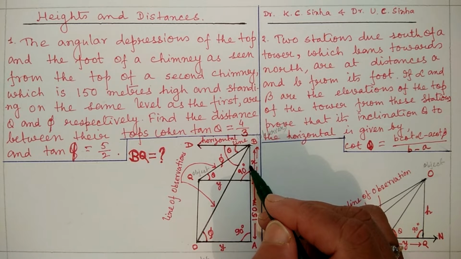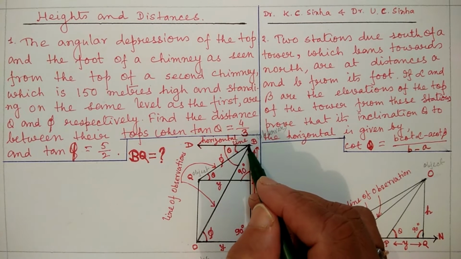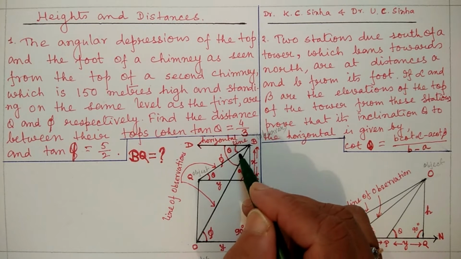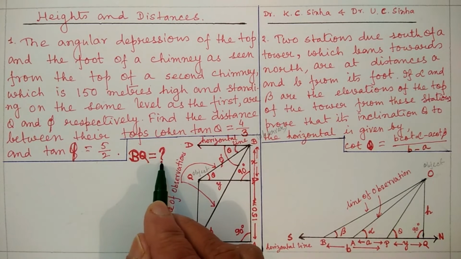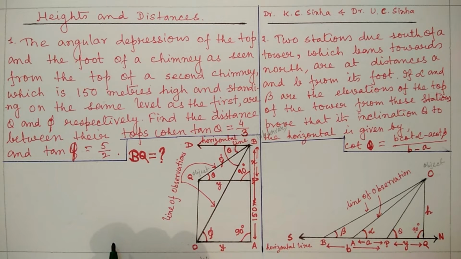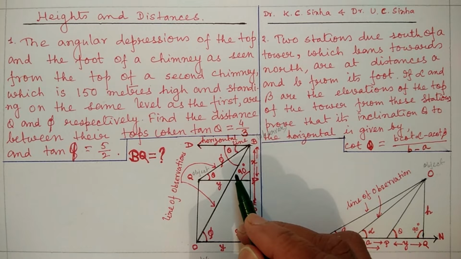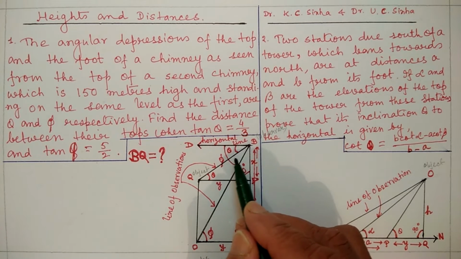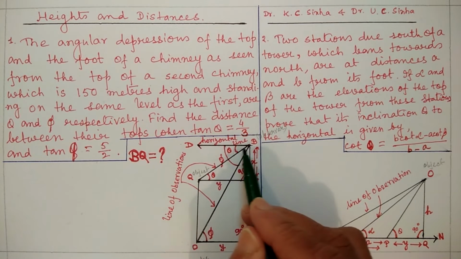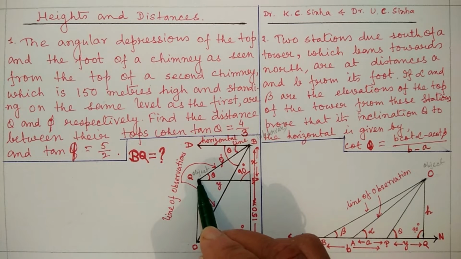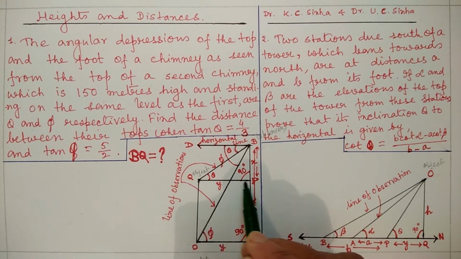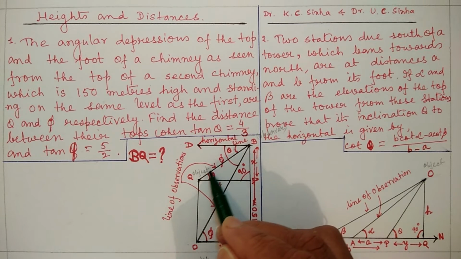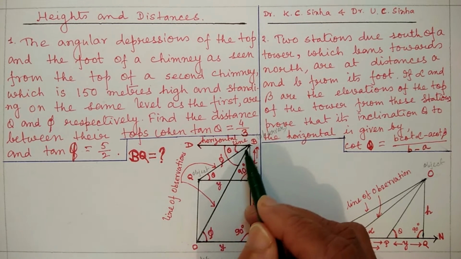Now friends, we have to find the distance between the tops of the two chimneys. So we have to find BQ. BQ is equal to what? That we have to find out. Now here, BD and QP are parallel lines, and BQ is the transversal.